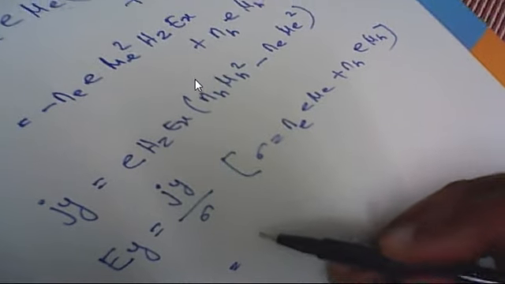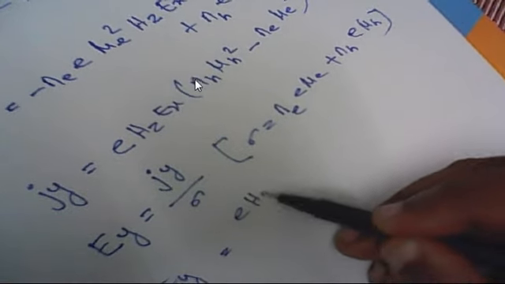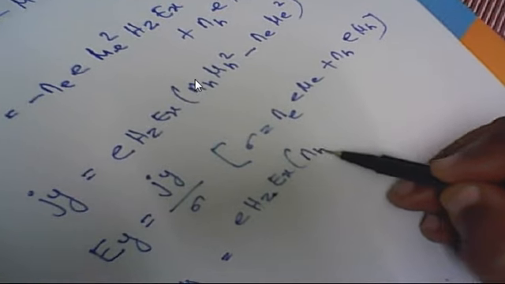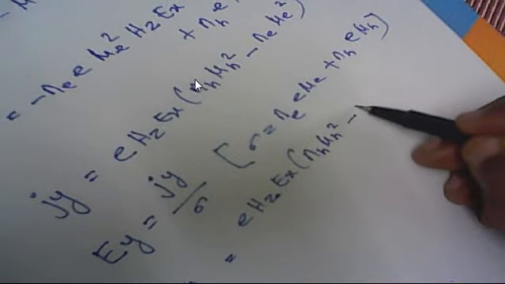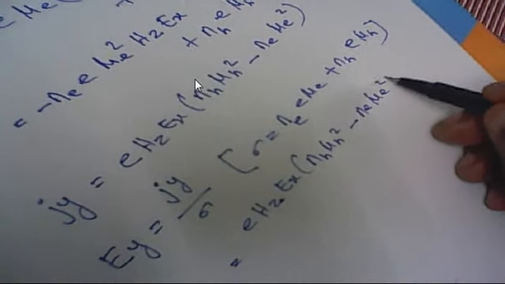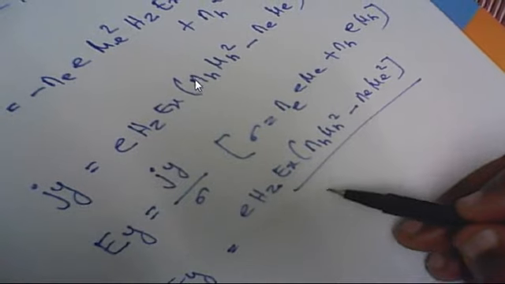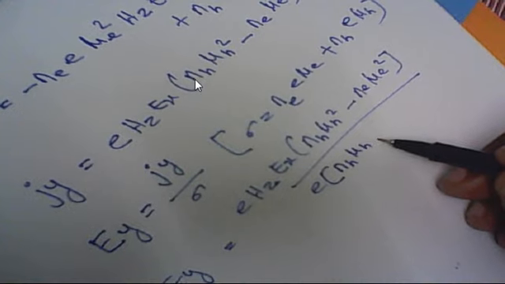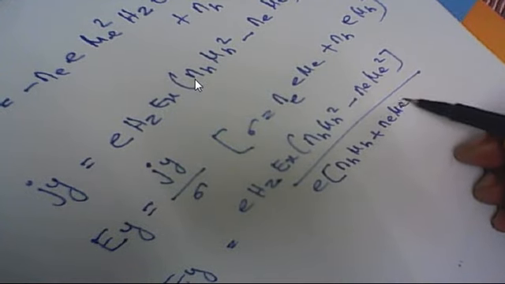So we can rewrite the expression for Ey, that is the field along the Hall field, along the y direction. Ey is equal to e Hz Ex (N_H μ_H² minus N_e μ_e²) divided by e (N_H μ_H plus N_e μ_e). So e can be cancelled.